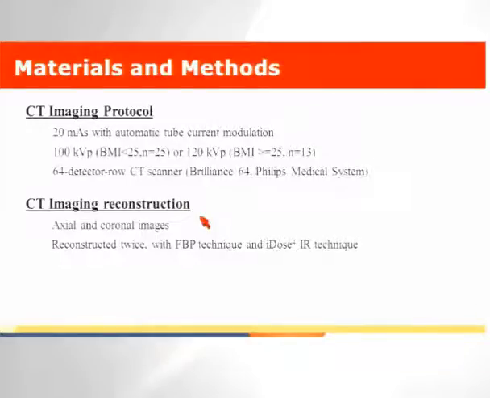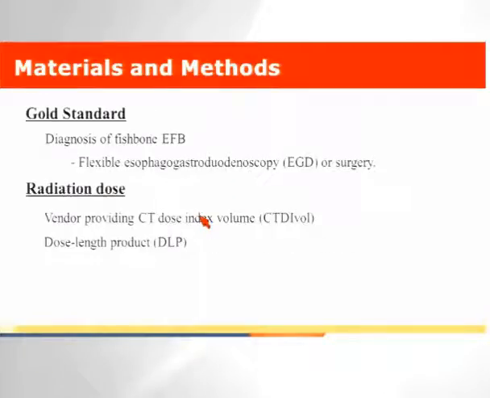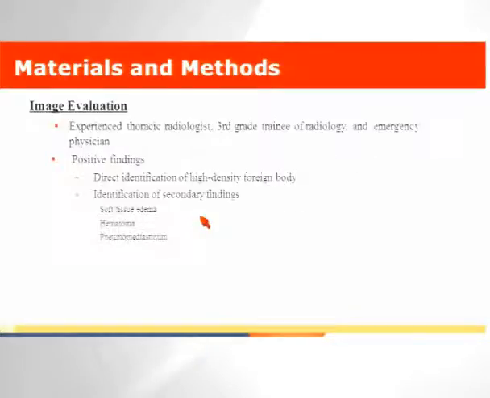CT image reconstruction was subsequently achieved in axial and coronal planes using both FBP and iDose 4 IR techniques. Diagnosis of fishbone EFB was confirmed by flexible EGD and surgery. Vendor-provided CT dose index volume and dose length product were recorded as radiation dose descriptors.